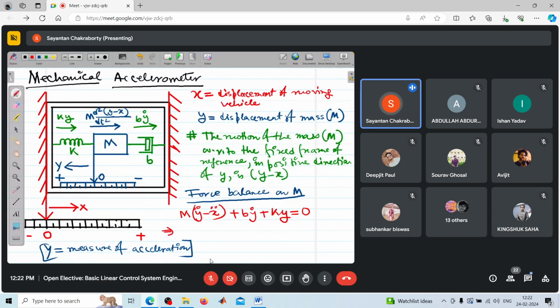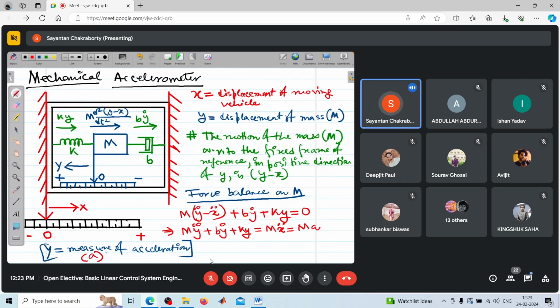Or you can simplify: m y double dot plus b y dot plus ky is equal to m x double dot, or ma, that is the acceleration of the vehicle. a is the acceleration of the vehicle.